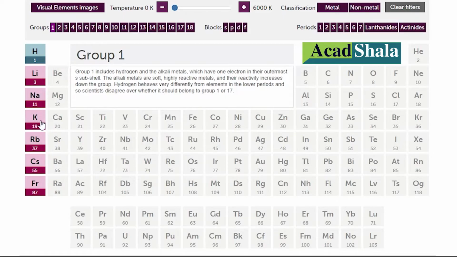It will be the same for all other elements also, but I am taking these 3 elements to make you understand. The valence electrons in lithium are 1, in sodium 1, in potassium also 1. Why? Because in the last shell, we have only 1 electron. So the valence electrons are also 1 in group number 1.